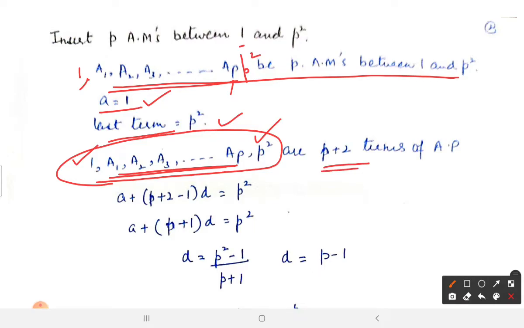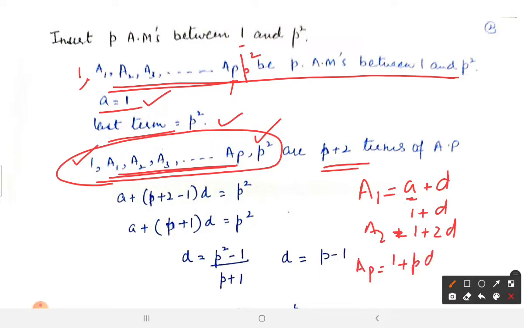We will find the value of D here. When we get the value of D, A1 is A plus D. A is 1, so it is 1 plus D. A2 as 1 plus 2D. A3 as 1 plus 3D and AP as 1 plus P times D. So we need to find only the value of D, and we will calculate the value of D using our concept of last term.